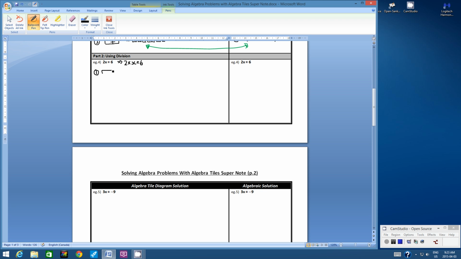Well, we have 2x. So you can draw these long rectangles beside each other, or you can stack them above one another. So we have 2x equals, and then we have positive 6. So pretty easy question to draw.